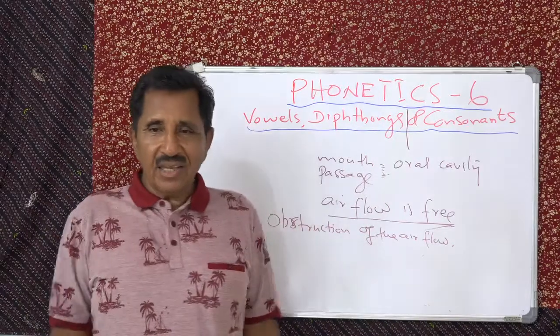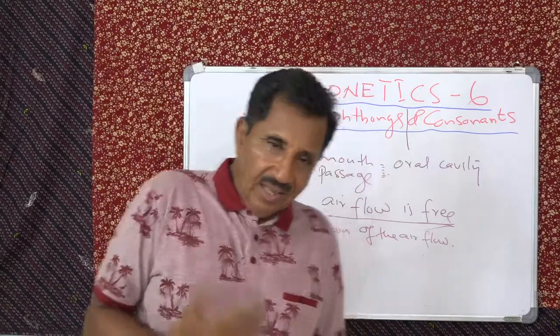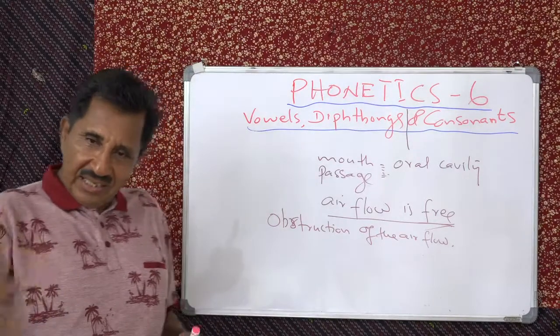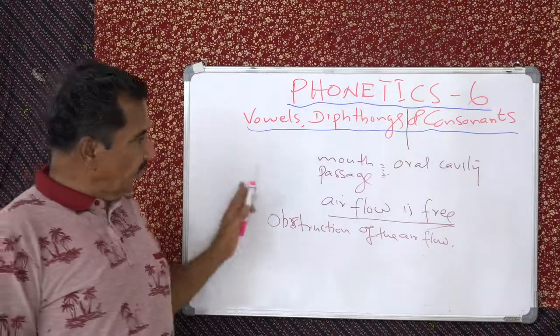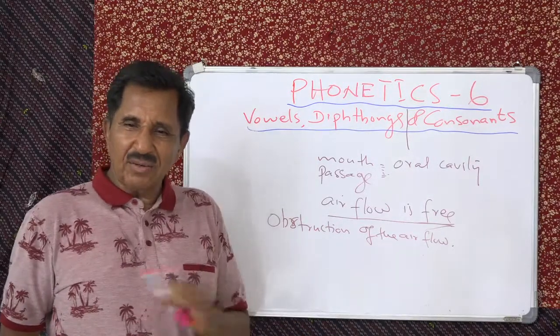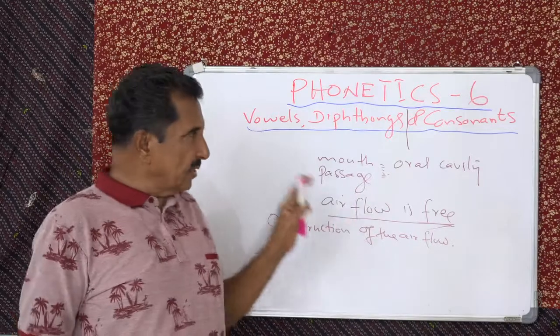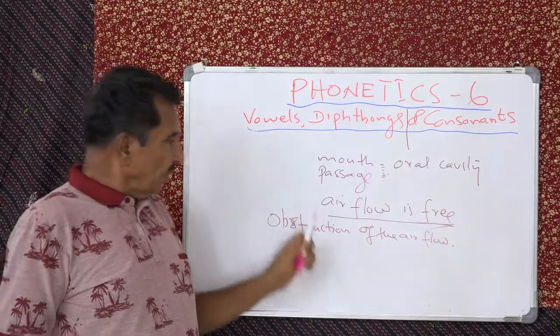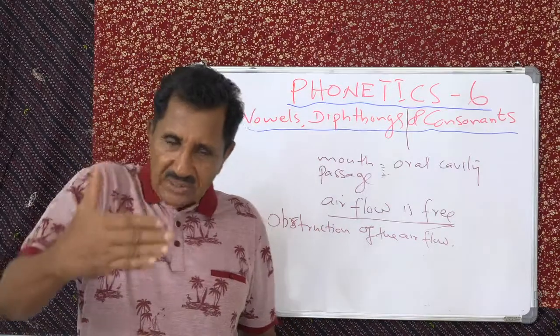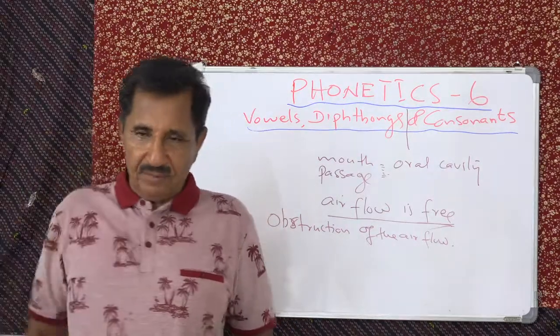Now different things are there, but we will see how these things work in detail tomorrow. For the time being, even if you don't understand what I have just told you about lips and other things, forget about it. But remember this: when you produce a consonant sound, there is an obstruction in the oral cavity.